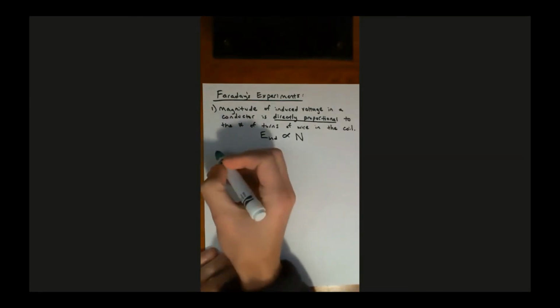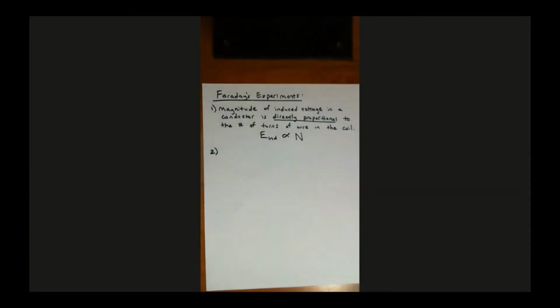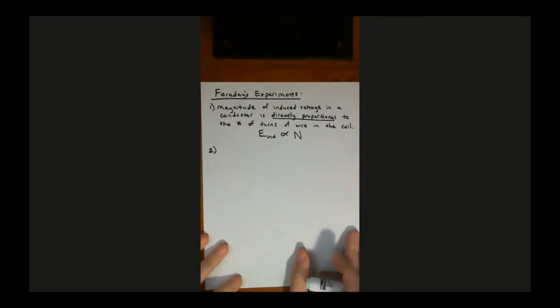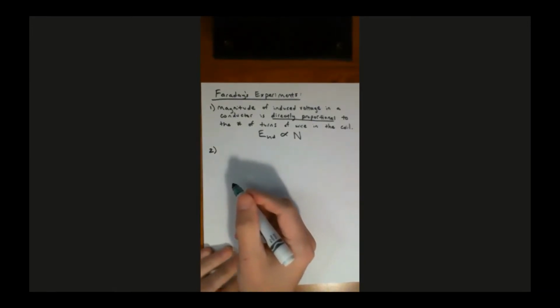The second one is a little bit less intuitive, but I think I can make it more intuitive by showing you that experiment. So hopefully this makes more sense than it would have if I had just written this down directly, or if you had just read it in the lab manual, which you should do, by the way.